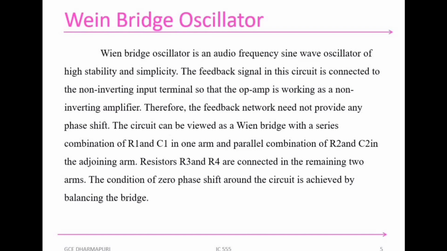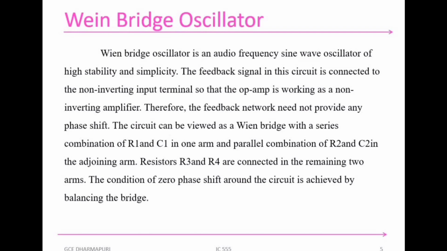The Wein Bridge oscillator is an audio frequency sine wave oscillator which is of high stability and simplicity. The feedback signal in the circuit is connected to the non-inverting input terminal, so the op-amp is working as a non-inverting amplifier. Therefore, the feedback network need not provide any phase shift.